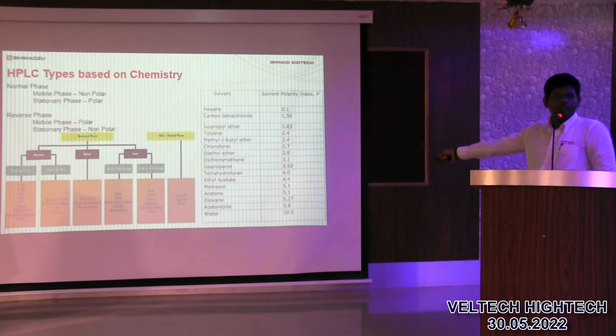Similarly, in the polarity index chart, isopropanol has a polarity of 3.92. Anything below isopropanol is called non-polar, anything above is called polar. Simple. Clear?